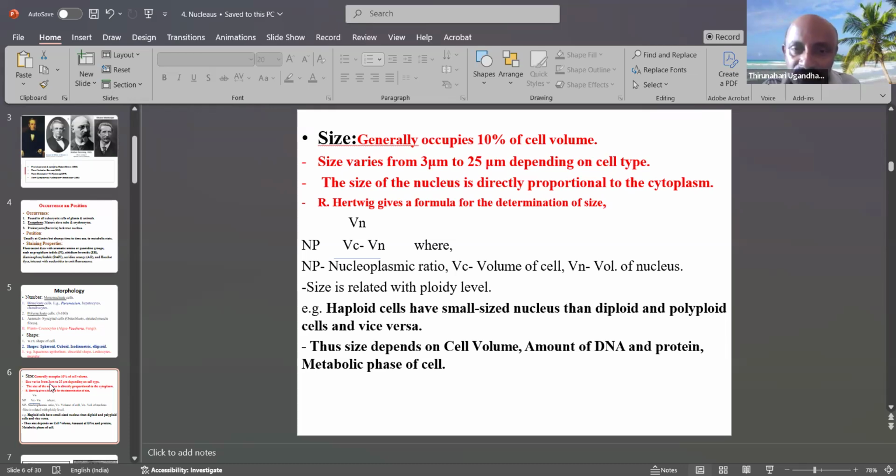The size of the nucleus is directly proportional to the cytoplasm, that is, how much of the cytoplasm it occupies, since only a single nucleus is present in the cytoplasm.